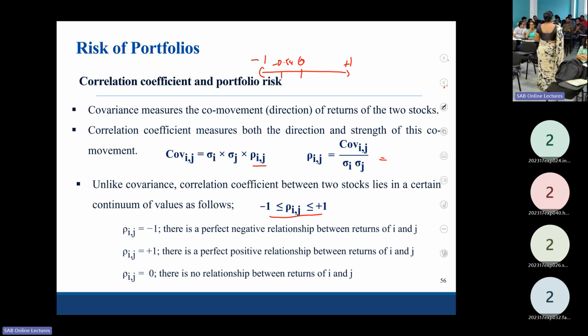How to interpret? Correlation coefficient is 0.58 minus. X and Y stocks: direction is negative. So what is the size of the change?